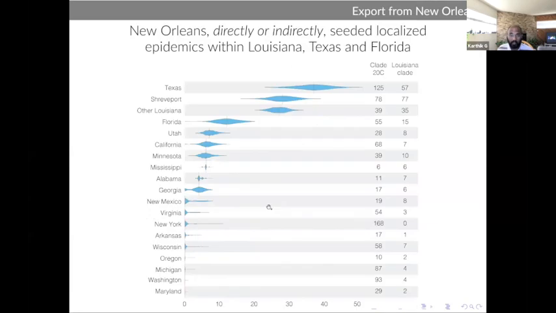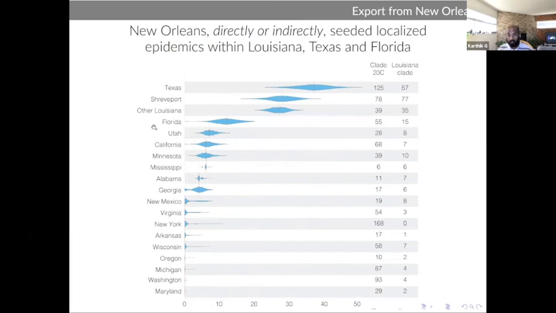The next thing we looked at was how much risk New Orleans actually posed to other locations within the US. Here from the genomic data, we see that New Orleans probably caused localized epidemics within Louisiana and also in the neighboring states of Texas and Florida.